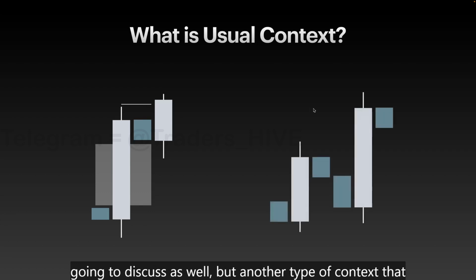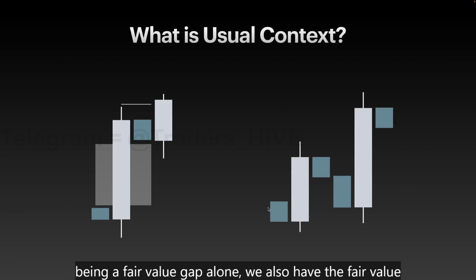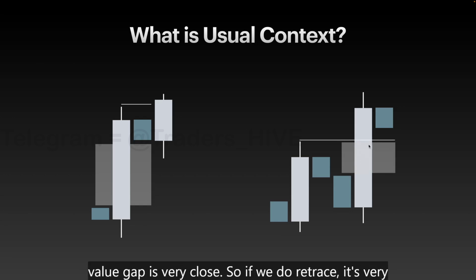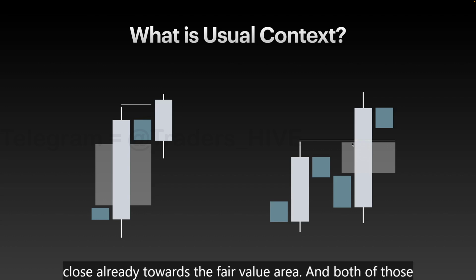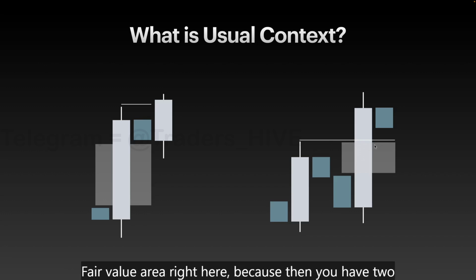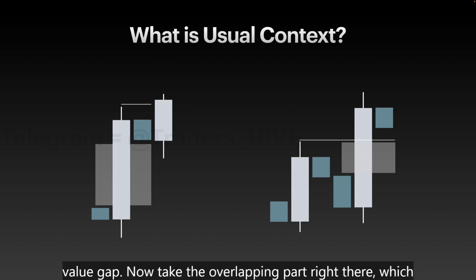Another type of context, which is also usual context, is when instead of just a fair value gap alone, we also have the fair value area. When there's a scenario like this, especially where the fair value gap is very close, so if we do retrace it's already very close to the fair value area, and both are overlapping, I like to use the fair value area because then you have two discount arrays: the fair value area and the fair value gap.